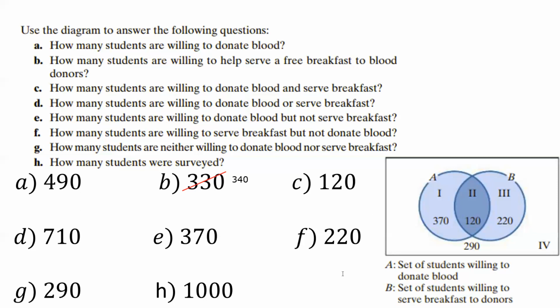They are not in either of those sets, but they are in our universe. They did take the survey, and so that's the people outside of the circles and still in our universe. That's the 290. And then to figure out how many students were surveyed, we just add all of those things up. 370 plus 120 plus 220 plus 290 equals 1,000. So that's the answer to H.